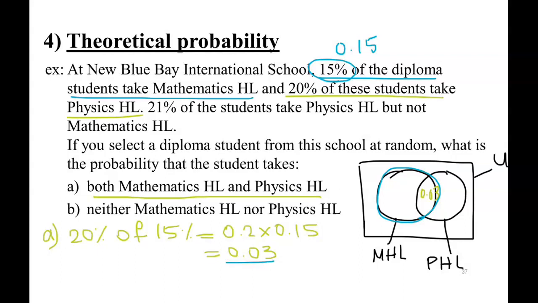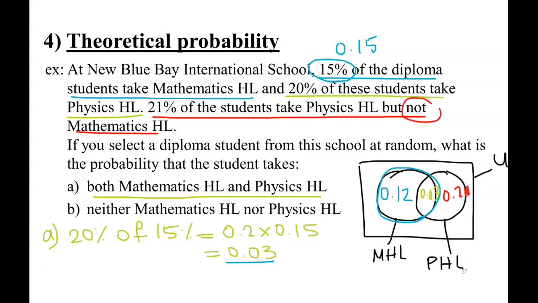So we're left with 12%, or a probability of 0.12. Now, if we move on, we have 21% of the students taking Physics HL and not Math HL. So over here, the 3% in the intersection are not part of those 21%. So this is where we have 0.21 here. That's a probability of 0.21.